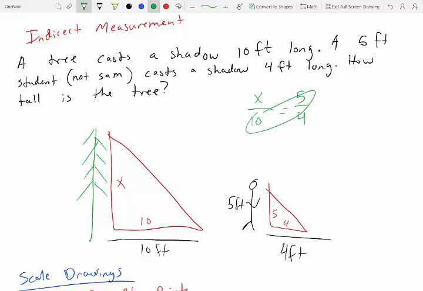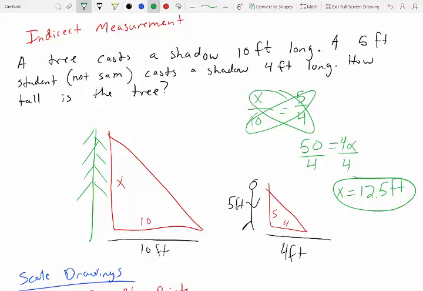Then I solve this. 10 times 5 is 50, and x times 4 equals 4x. I divide by 4 on both sides, and I get x equals 12.5. But I can't forget that I need a label. Everything's in feet, so 12.5 feet.